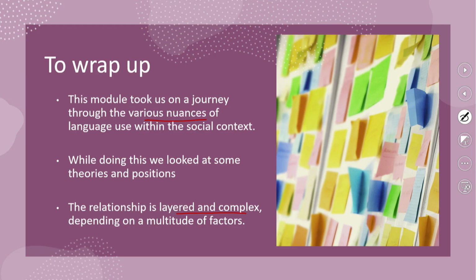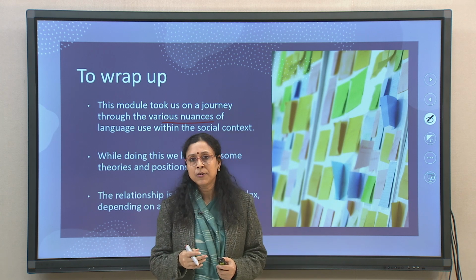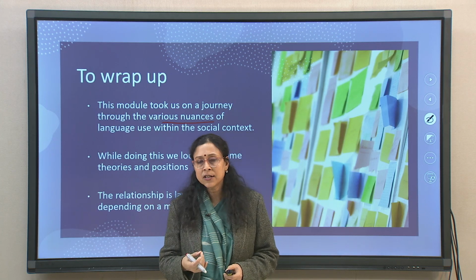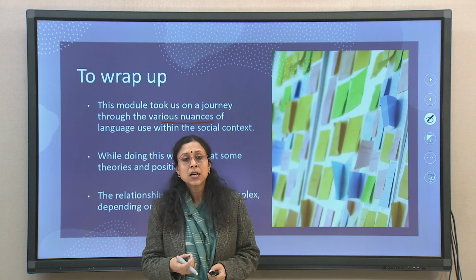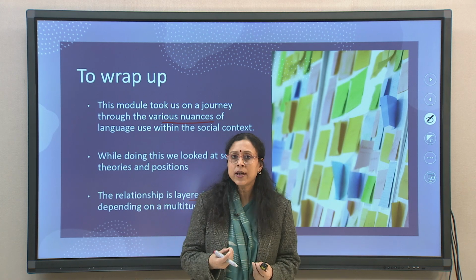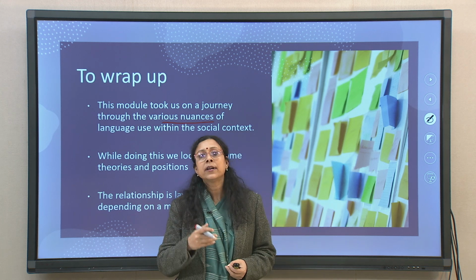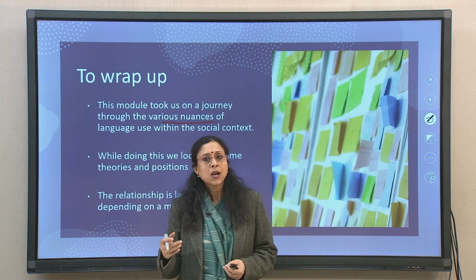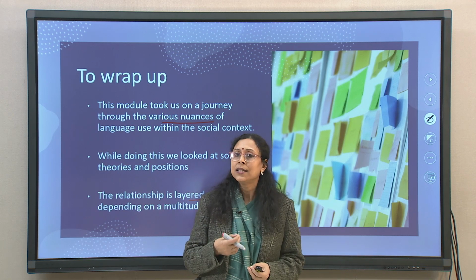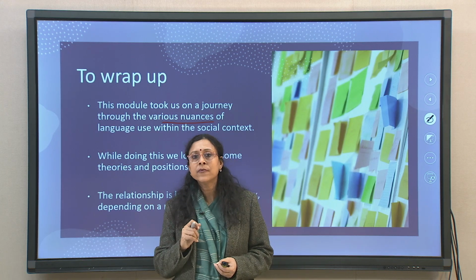It is not a straitjacketed understanding that this class or this category will have this kind of language use. Society is dynamic, and humans and their understanding of their position in society is fluid and flexible. So, even though we understand them as different categories, and understand linguistic properties with respect to social properties, hopefully we have been able to underline that this is a very nuanced domain and it is not a fixed domain.